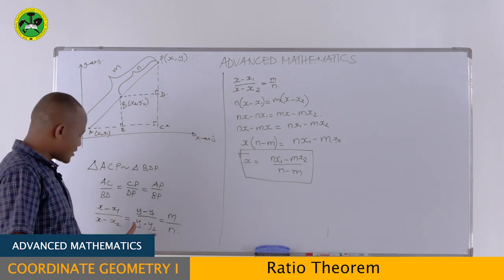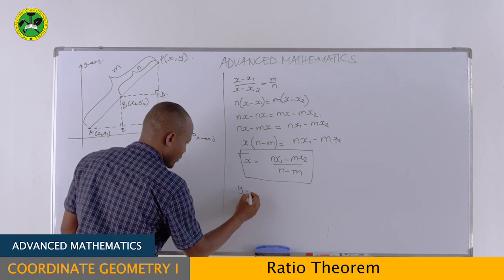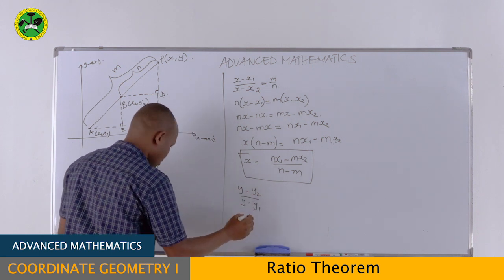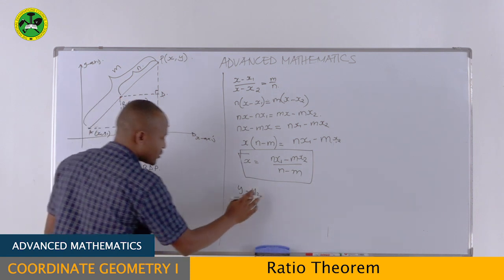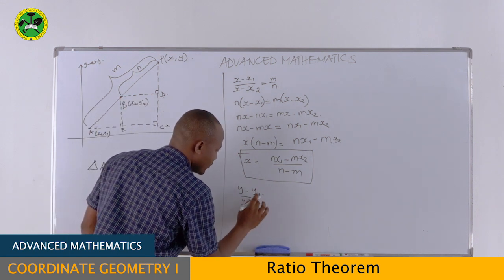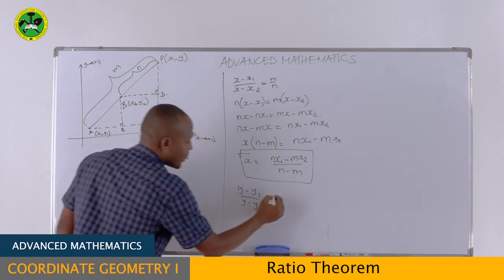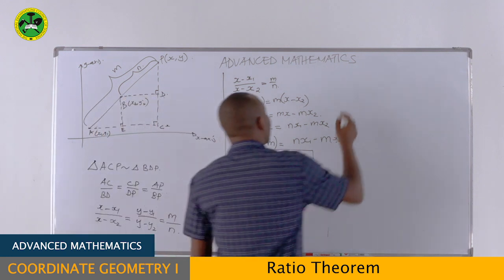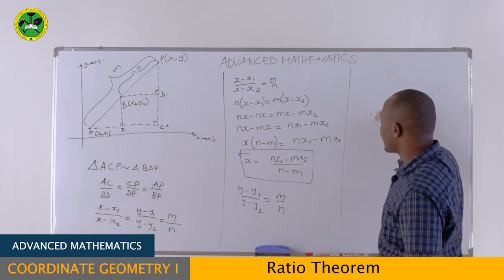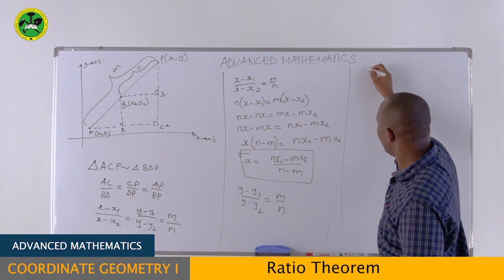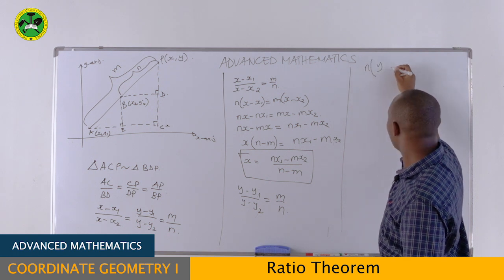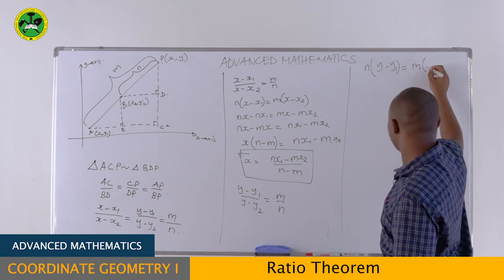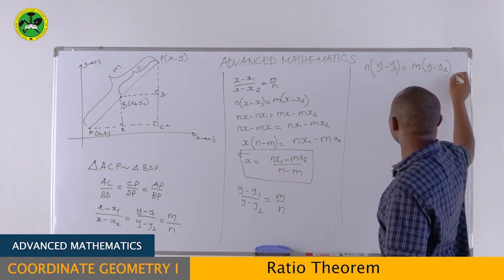Now let's check the second one. We have Y minus Y1 over Y minus Y2 equals to what? M over N. Let's compare those and cross multiply. So we have N multiplying by Y minus Y1 equals to M times Y minus Y2.